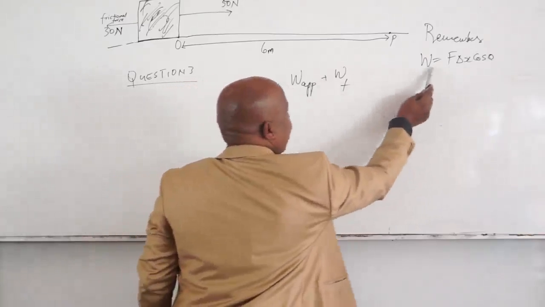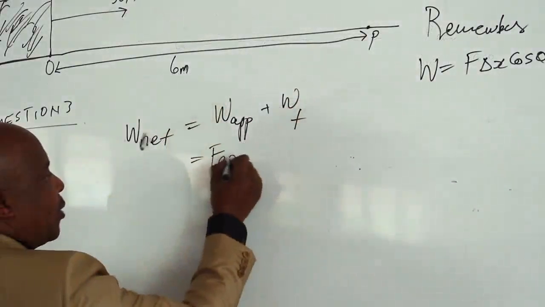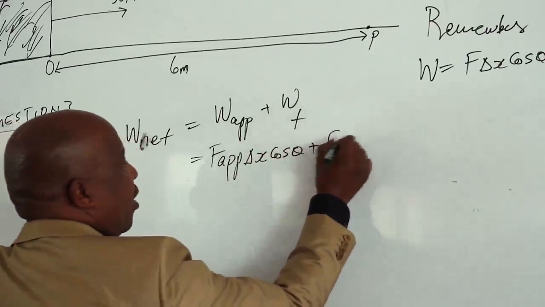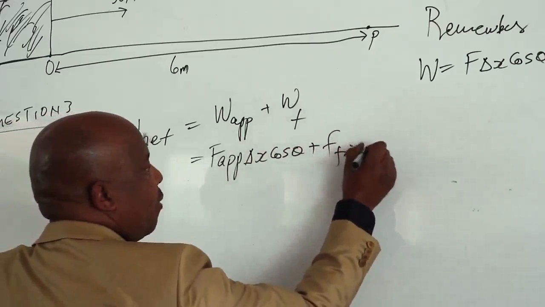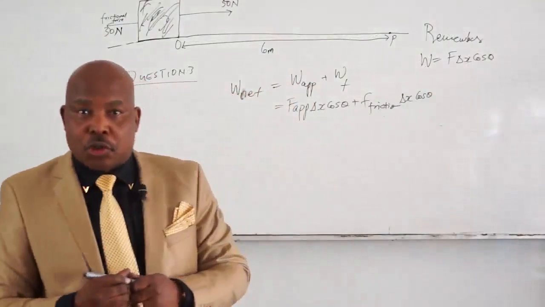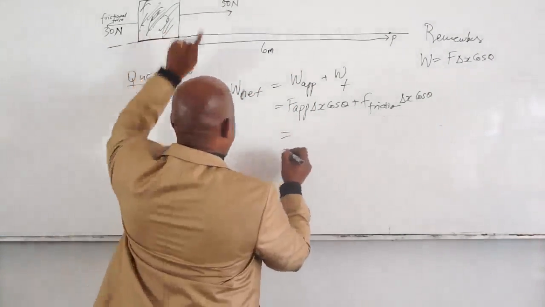If you want net, net, net. Therefore, here we're going to say F applied delta X cos theta plus F frictional delta X cos theta. That's what I'm going to do. From there I can substitute. What is my F applied? 50.